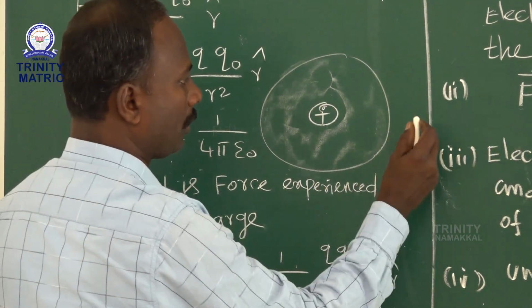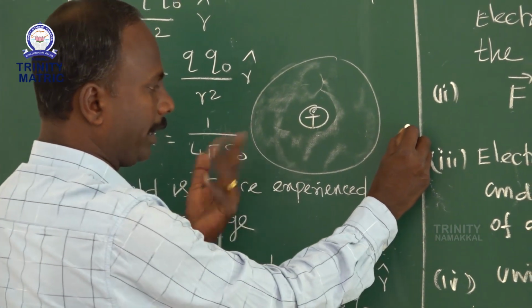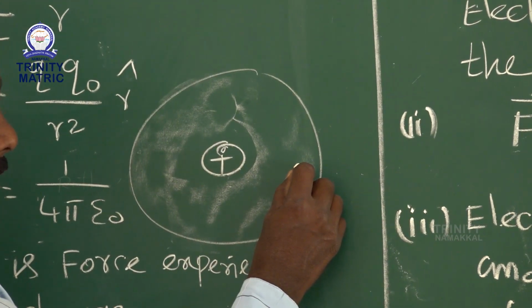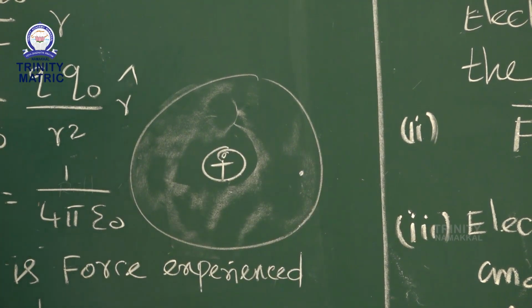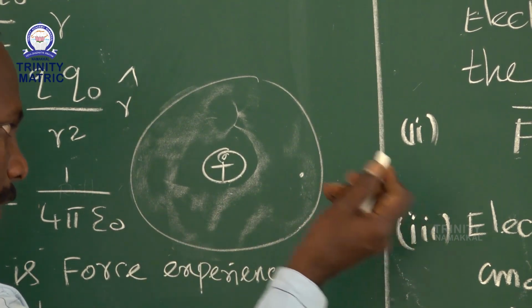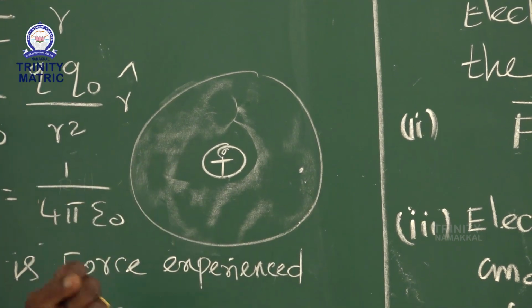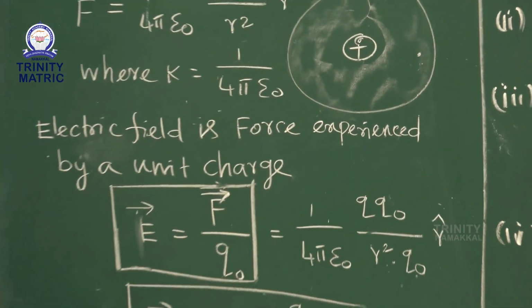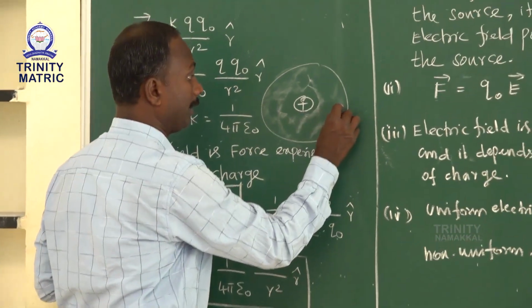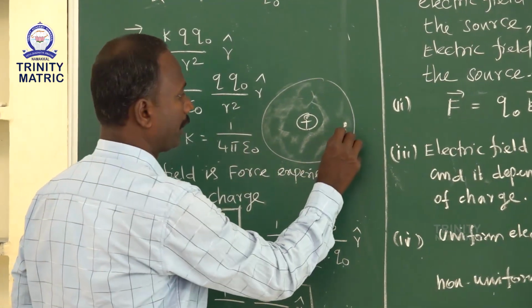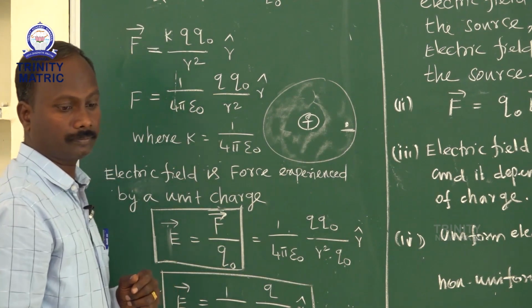If another charge is kept outside, there is no interaction, but if kept inside, there is some interaction. So when one charge is kept in the electric field of another charge, then only the charges attract or repel. So some force is experienced on this charge.